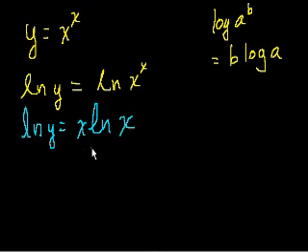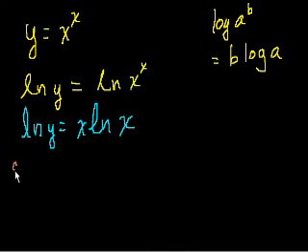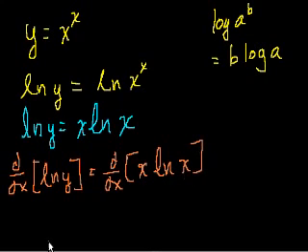And now we can implicitly differentiate this. So let's take the derivative with respect to x of both sides of this equation. d dx, and I'm writing this just so you know what I'm doing, is equal to d dx of x natural log of x.